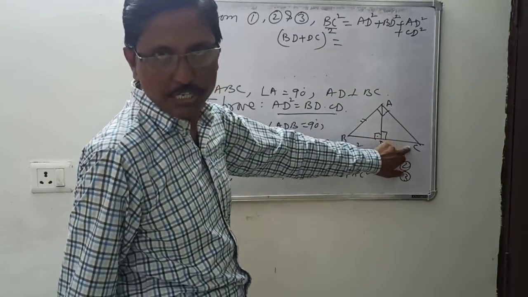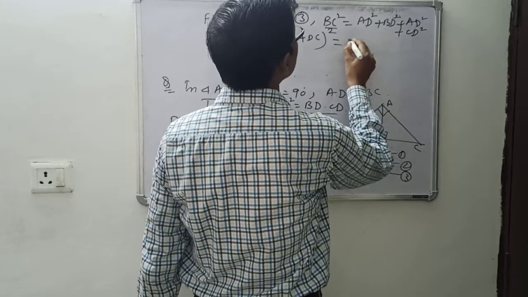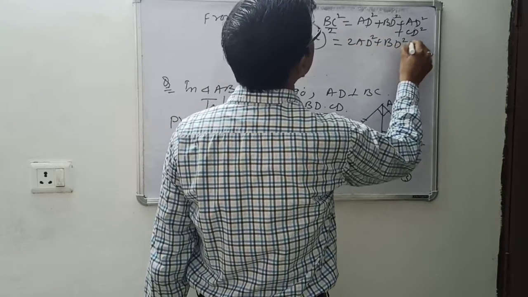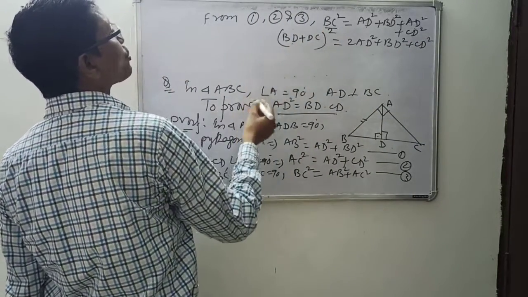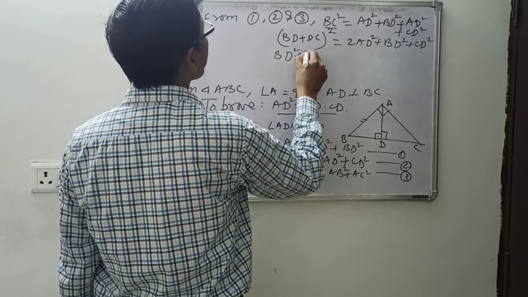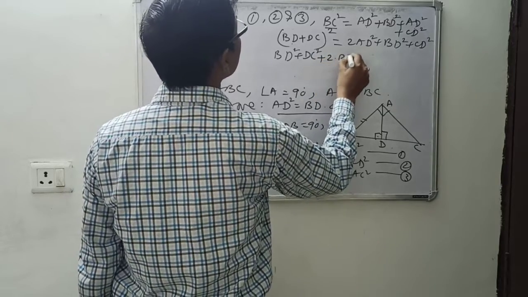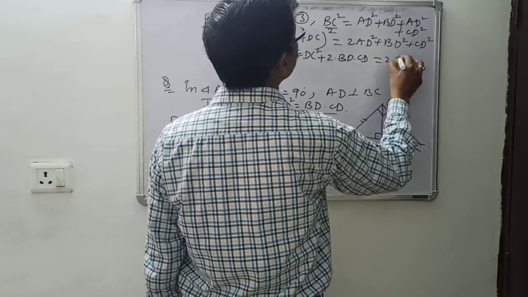So there, on the other side, you get 2AD square plus BD square plus CD square. See here, just like the A plus B whole square formula, you get BD square plus DC square, or CD square, anything you can write, plus 2 into BD into CD or DC, anything you can write.